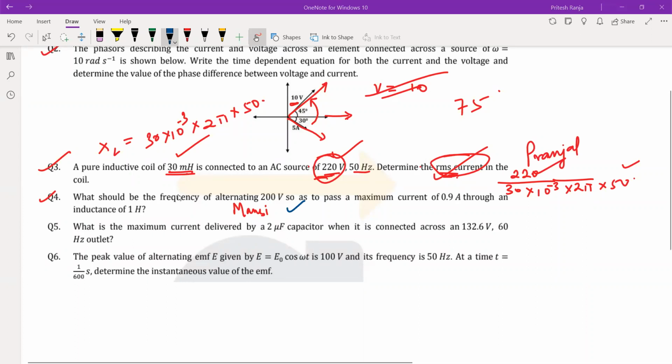What should be the frequency of alternating 200 volts so as to pass a max current of 0.9 amps through an inductance of 1 Henry?